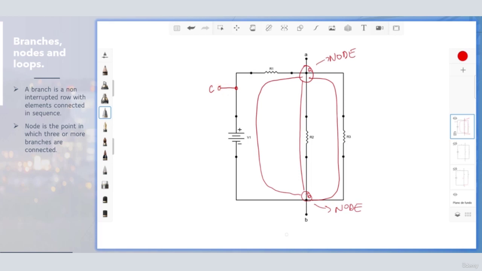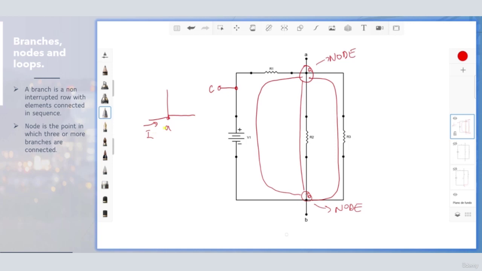So another important theory about nodes is that in a node, let's call this A, when a current comes to the node, the current is split into 2 or many other currents according to the number of branches connected.